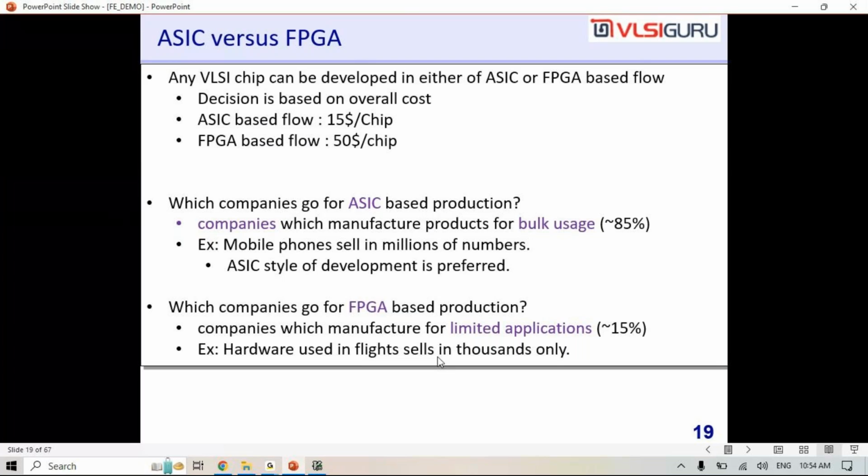In those cases, you don't need lakhs of chips. Do you need lakhs of chips? Because you don't manufacture so many aeroplanes. There they go for FPGA production. That means if you go for companies like Boeing, Airbus, their teams will be FPGA teams because they will develop the chips using FPGA style. Clear?